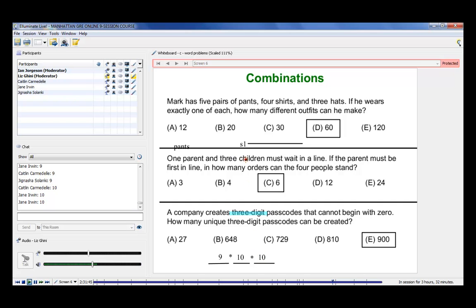With the children, we know children are different than digits. Once I put a child in line, I don't have a duplicate of that child. That child is already in line. But if I'm just creating a passcode with digits, 0, 0, 0 is not allowed here because I can't start with 0, but 1, 0, 0 is fine, or 1, 1, 1 is fine.